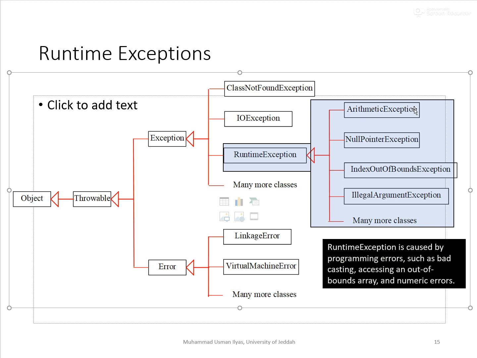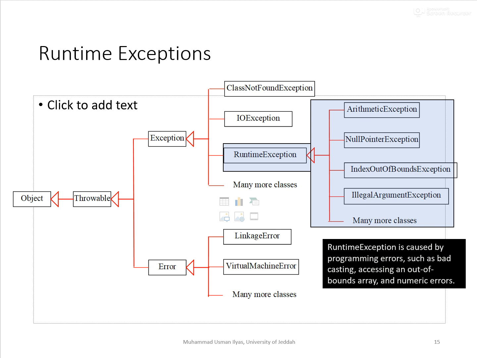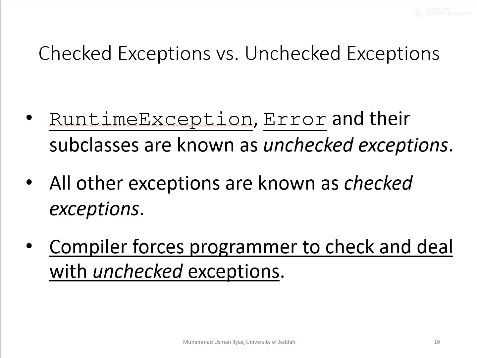So, the ArithmeticException, the InputMismatchException, others like the NullPointerException, which you'll deal with when we start using files, IndexOutOfBoundsException, when you're using an index to an array that is larger than the size of the array, IllegalArgumentException, when you're providing an argument to a method that is of the wrong type. These are all different types of exceptions that you can expect to see at some point.